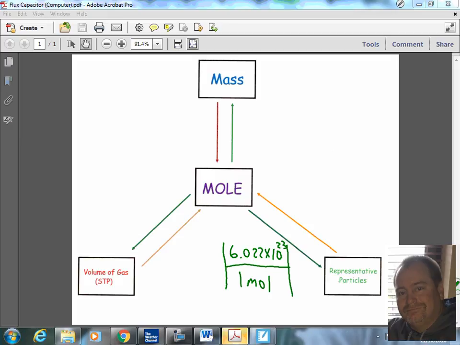So I would write that in, and it's going with the arrow from mole to representative particles.